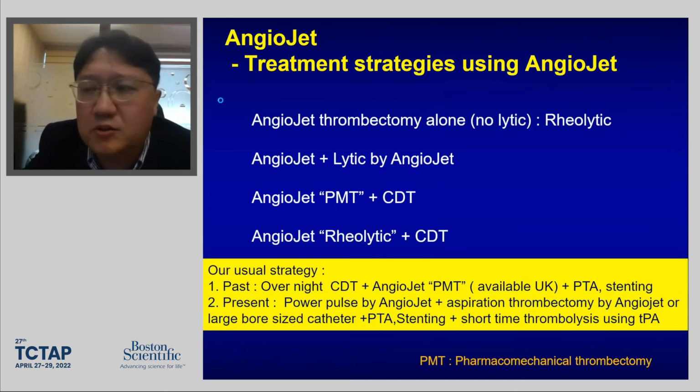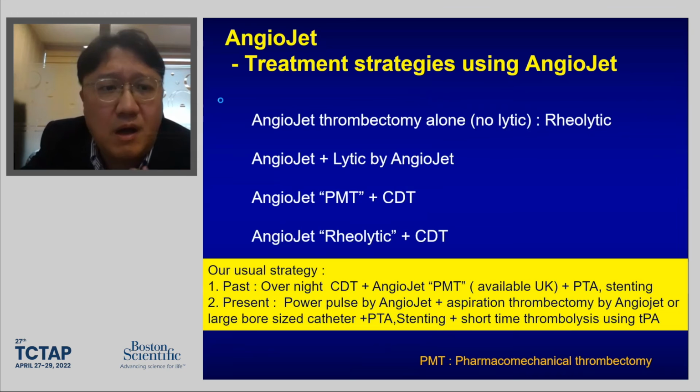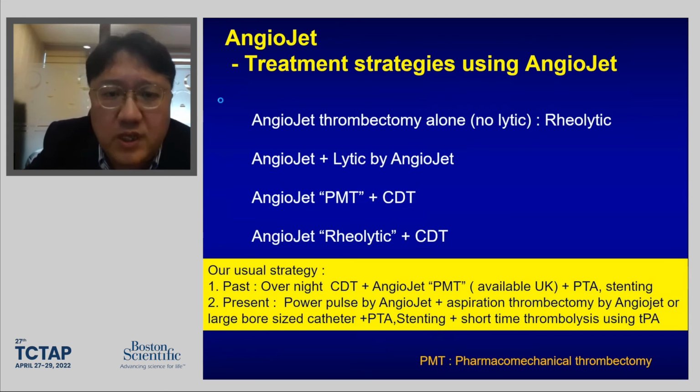And the treatment strategy using AngioJet is variable. But my usual strategy in the past, when urokinase was available, was overnight CDT, then AngioJet PMT, and PTA stenting for the remaining region, which is very effective. But nowadays, urokinase is not available.